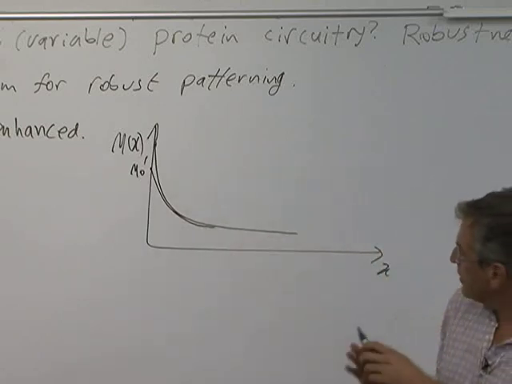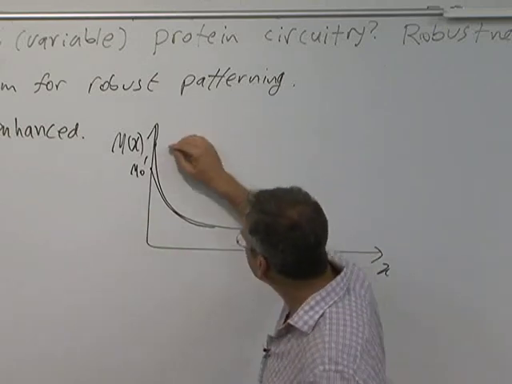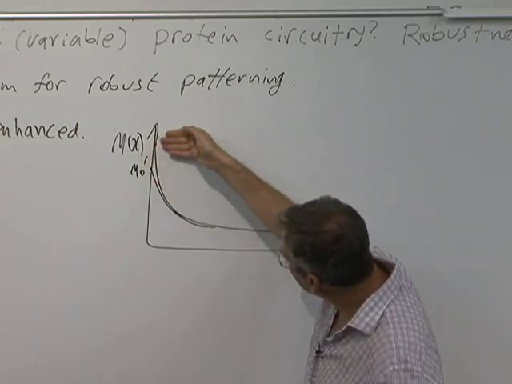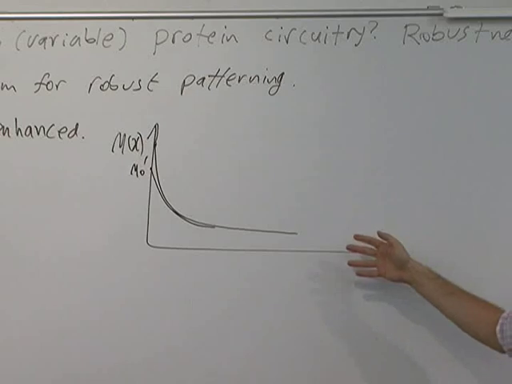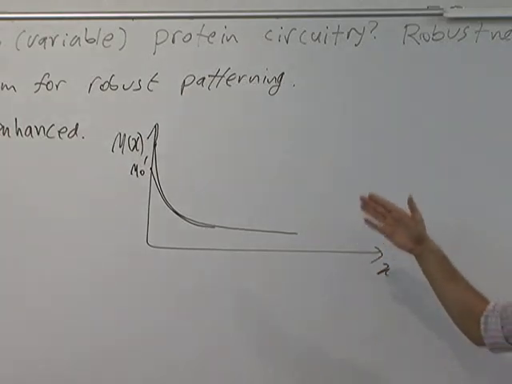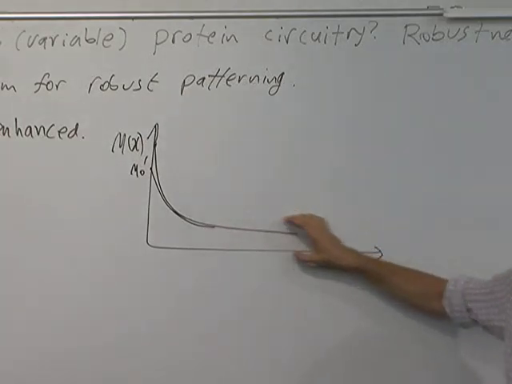So this could work, because where the concentration is high, degradation is fast. When the concentration is low, m squared, degradation is very low. So if you manage to make it away from the source, you can diffuse a long way.